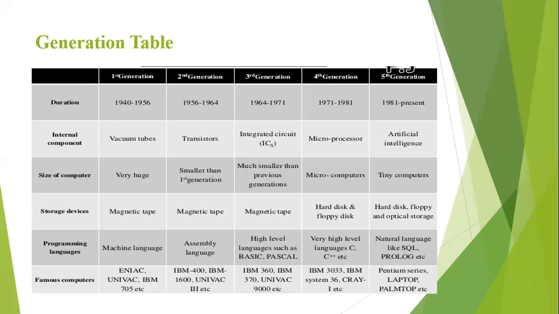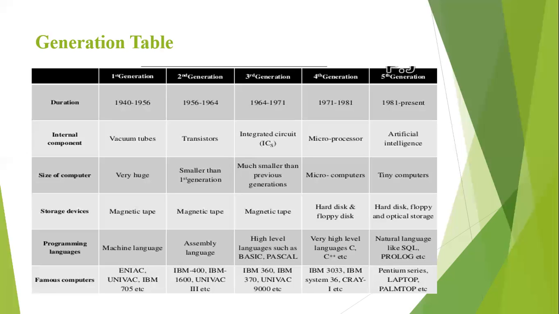Storage devices: hard disk, floppy, and optical storage. Fifth generation machines used natural language like SQL, Prolog, etc. Famous computers of that generation are Pentium series, laptop, Palm Top, PDA, etc.